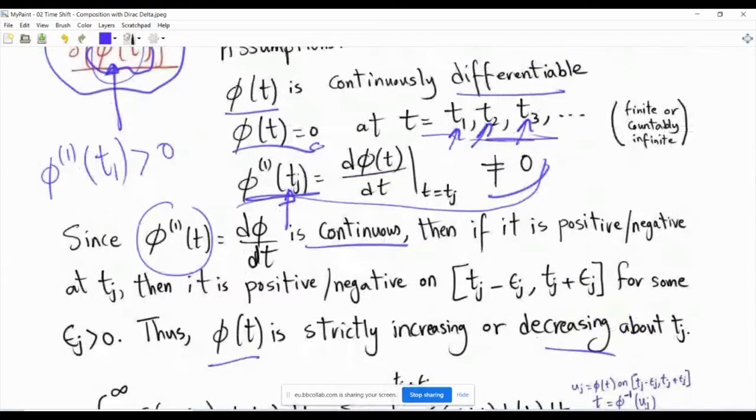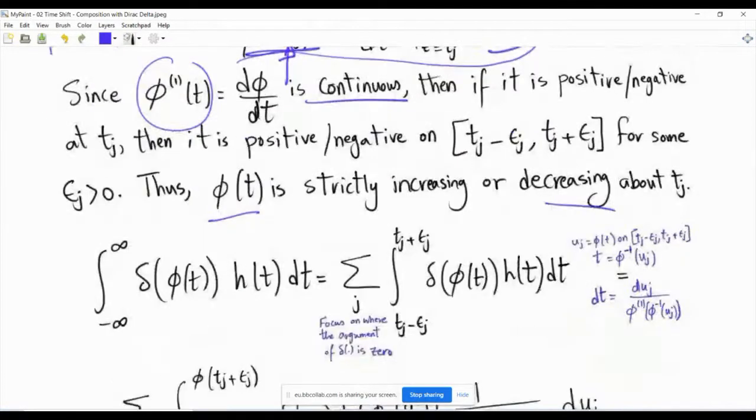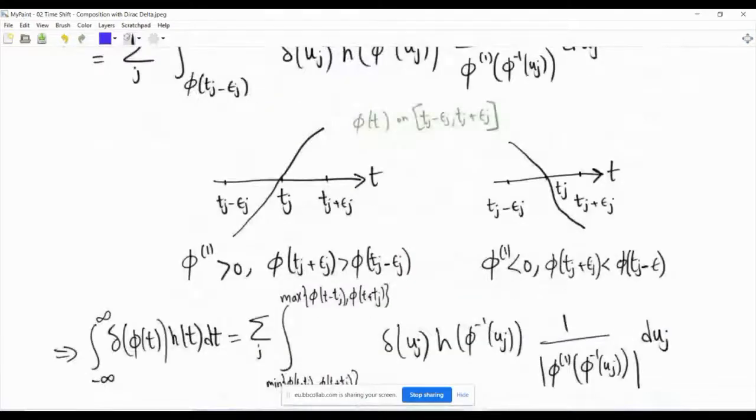So the trick that we did here, by forcing our function to be differentiable with a continuous first derivative, will make the function increasing or decreasing about t1 and t2 and t3 and so on. So if you plot the function in the vicinity of tj, it will either be increasing when the first derivative is strictly positive or decreasing if the first derivative is strictly negative.